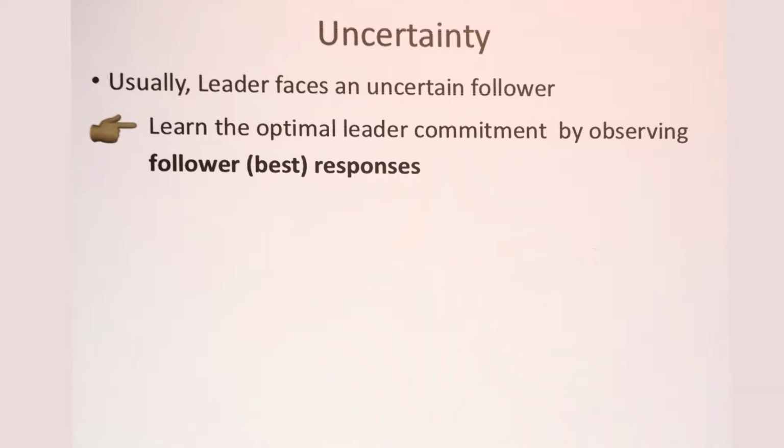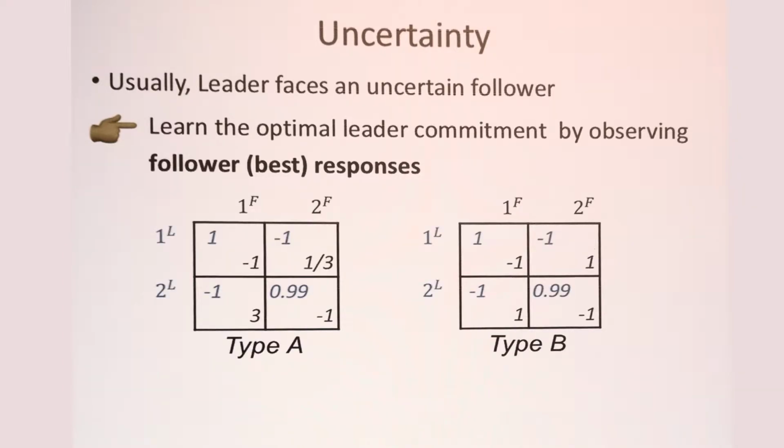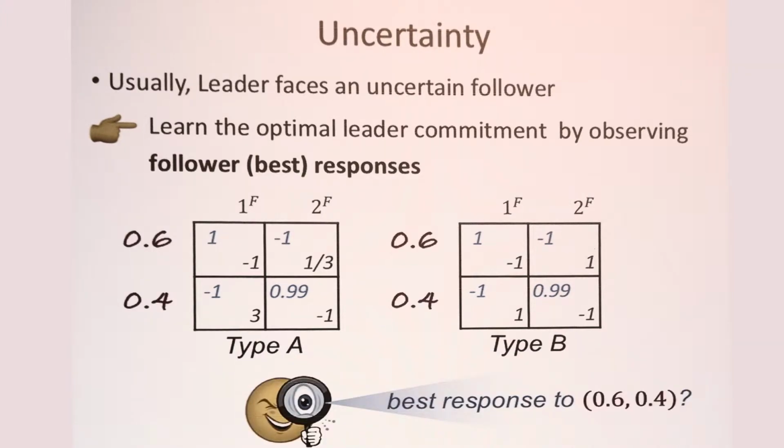To see how this can work, let's take a look at a toy example. Here we have a 2x2 game. The leader is the row player, and the follower is the column player. The follower can be one of two types, type A or B, which the leader is not sure about. To figure out the exact type of the follower, the leader can simply play a mixed strategy 0.6, 0.4, by which I mean playing her first row action with probability 0.6 and her second row action with probability 0.4.